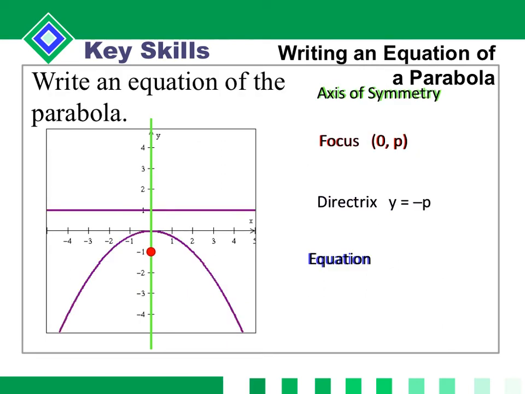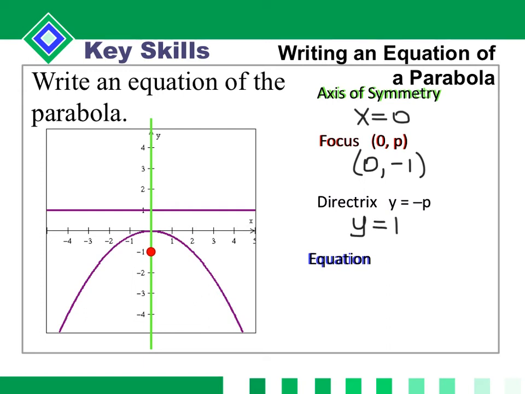Okay, now here we are told to write an equation of the parabola. So the axis of symmetry is x is equals to 0, or the y-axis, and I can read the focus, it's 0, -1, and the directrix is on the other side. So the directrix is y is equals to 1.